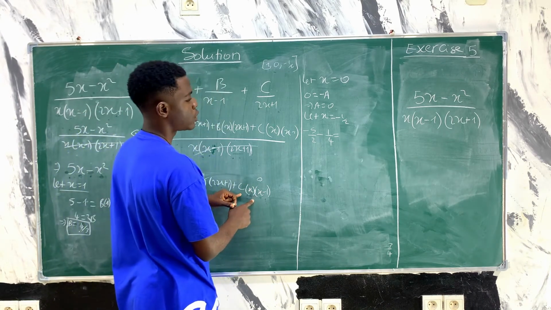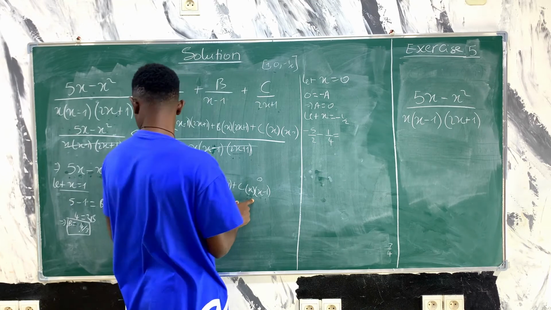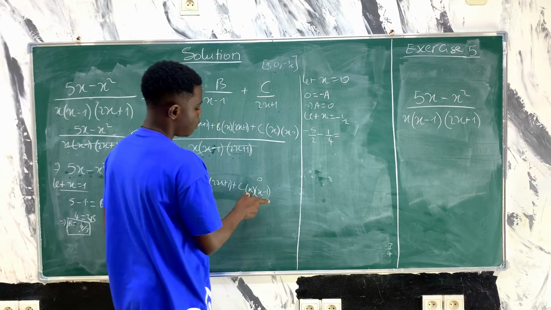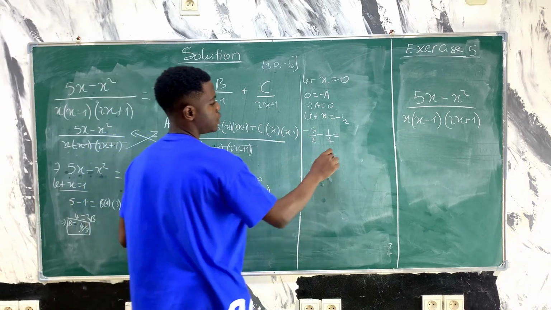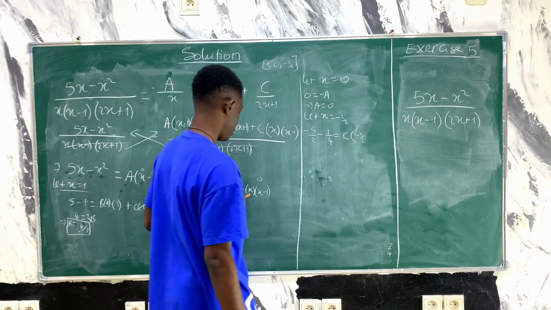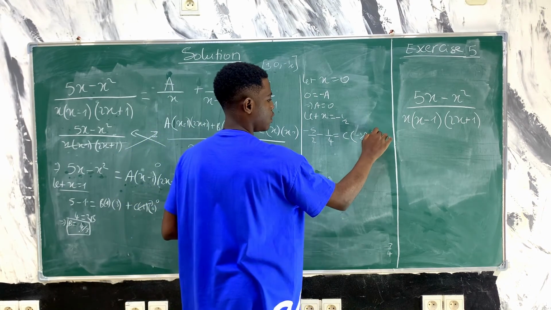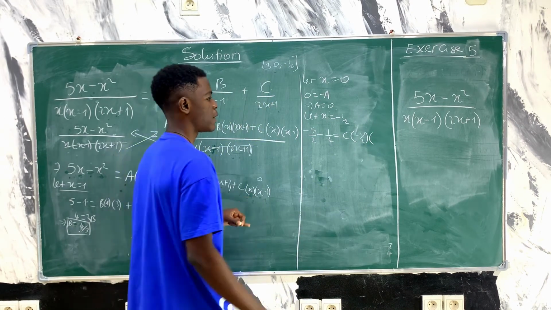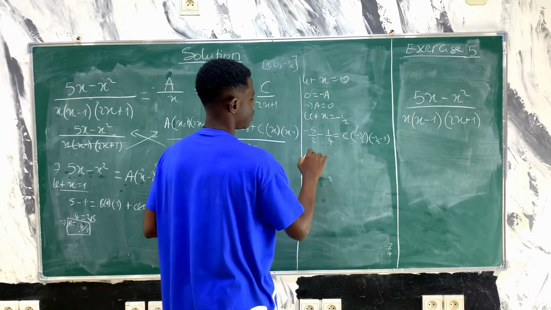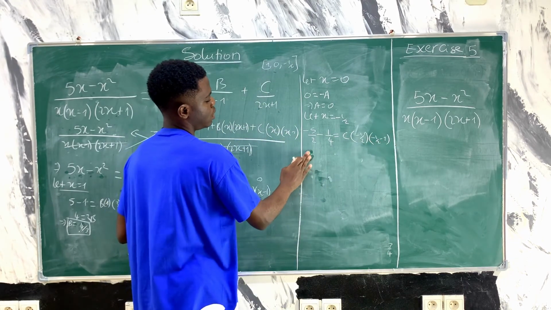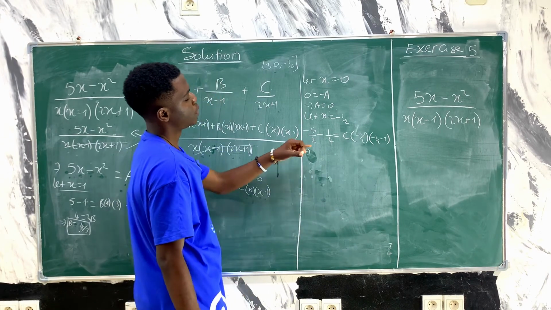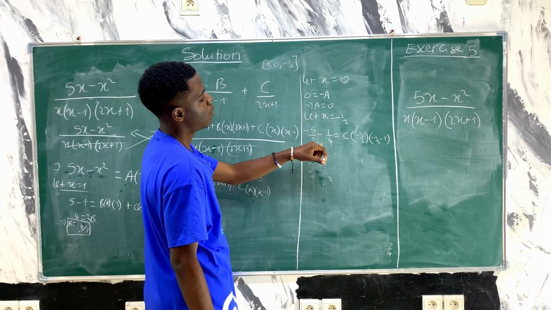So I come here and I put my minus half. A, so minus half here, I'll have c into minus half into minus half minus 1. So it's equal to, I'll have minus 5 on 2.